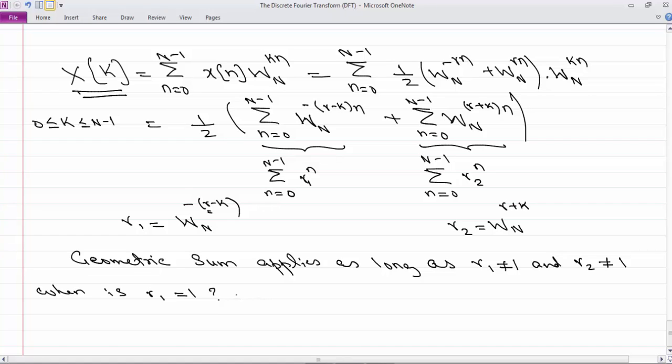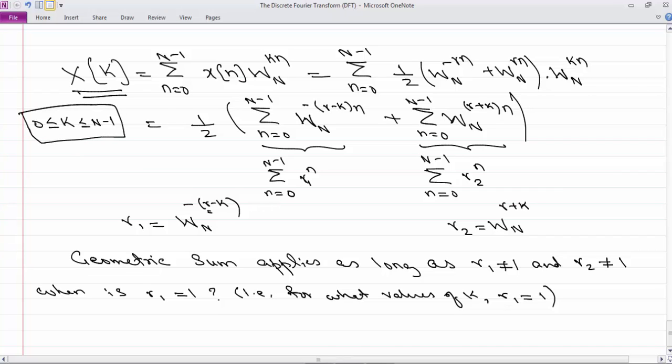So we are asking the question: for what values of k is R1 equal to 1, for k in this range?